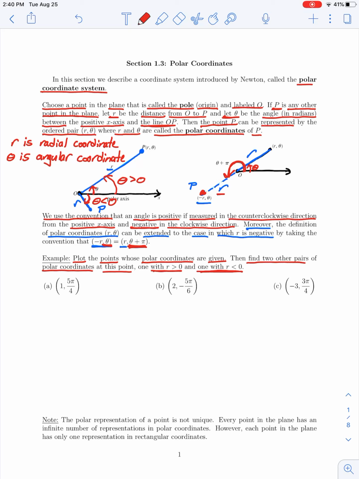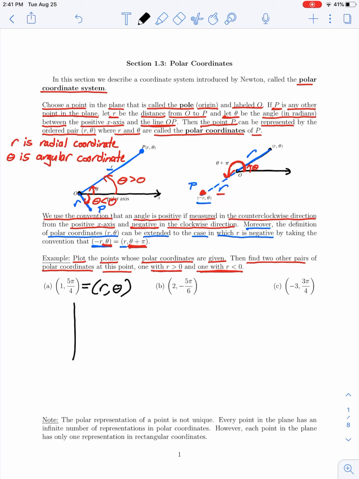So in part A, we have the point given in polar coordinates as 1, 5 pi over 4. So these coordinates are r and theta.